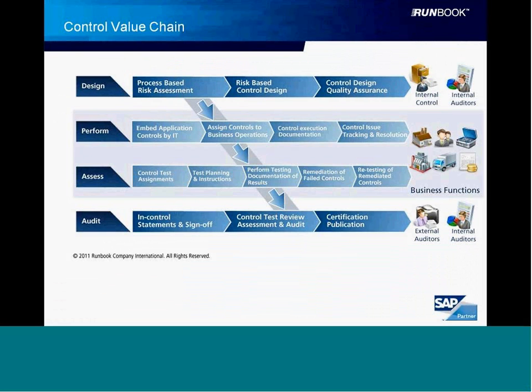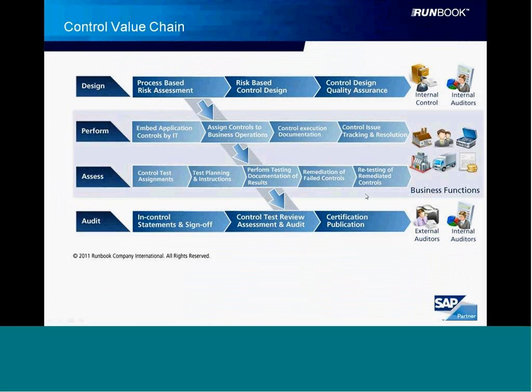So you define each control as a separate step, or if that step already exists in your close, you only need to map it to that step. So the moment you execute your close activity, you also sign off on your controls. So we make sure that the controls are being performed, whether it's locally or in the shared service center, it doesn't matter. Right? Runbook has the total picture.